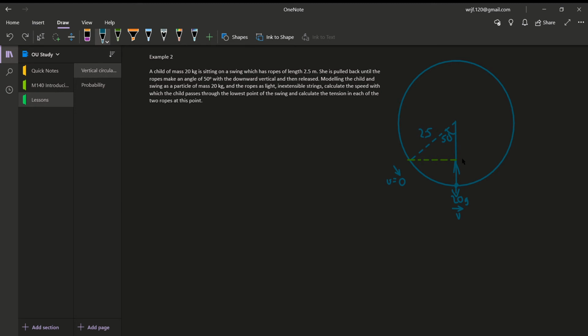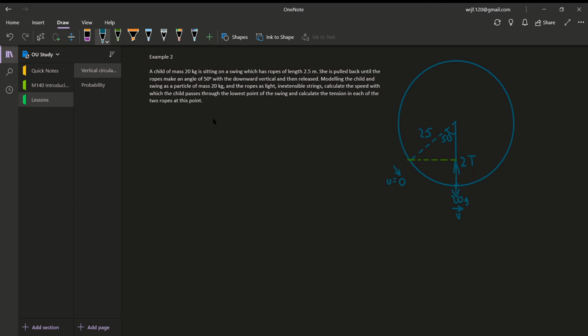There are 2 ropes, and just by a symmetrical assumption about the whole problem, it's perfectly reasonable to assume that the tension in each of the ropes is the same. So the upwards force here needs to be labelled as 2T, so that by the time we've answered the question about finding the tension in each of the 2 ropes, we'll be solving an equation in T, and that will be the tension in each rope. Just a little point there.